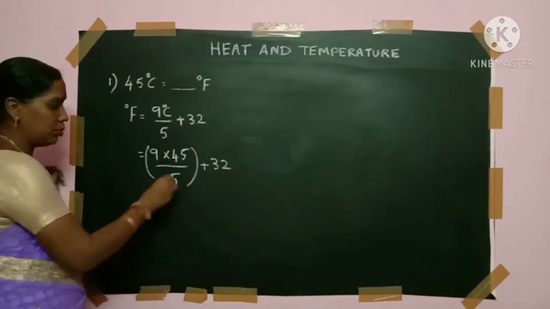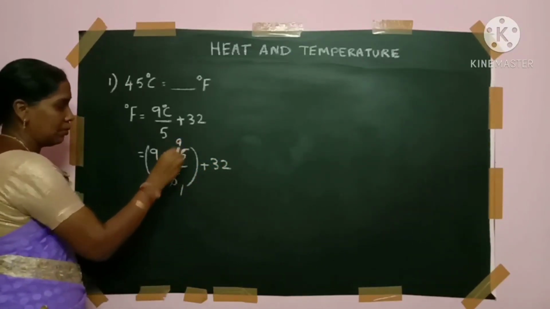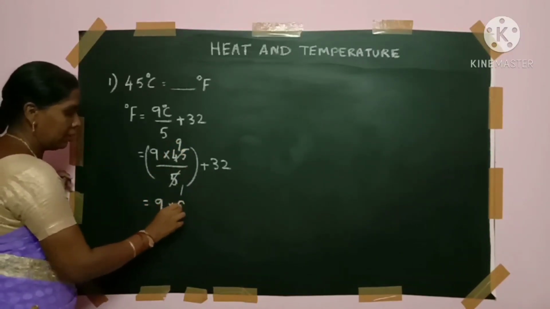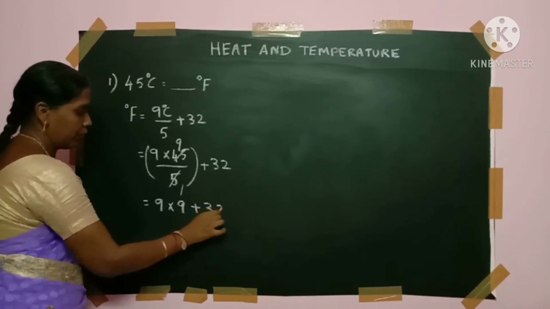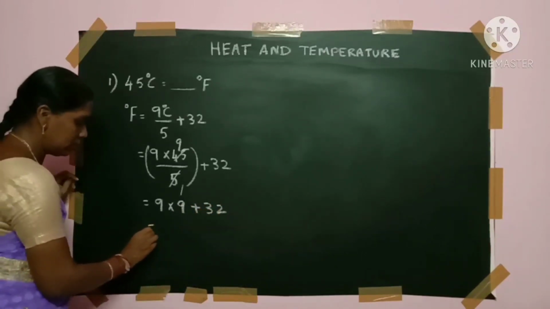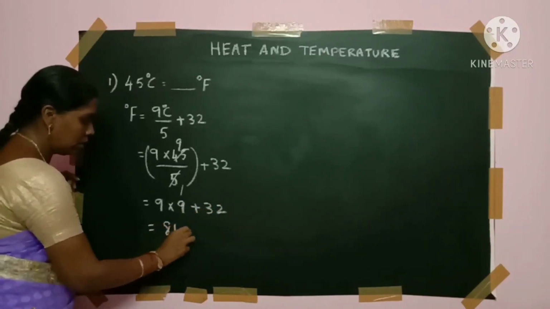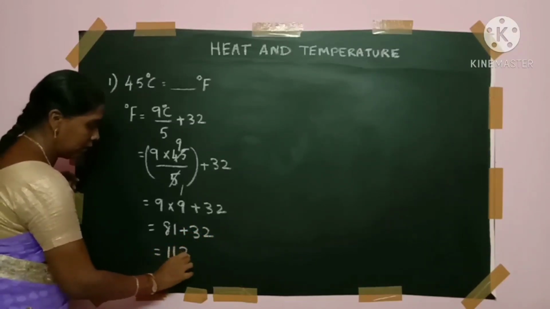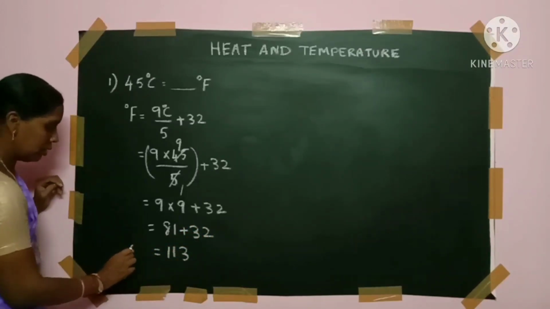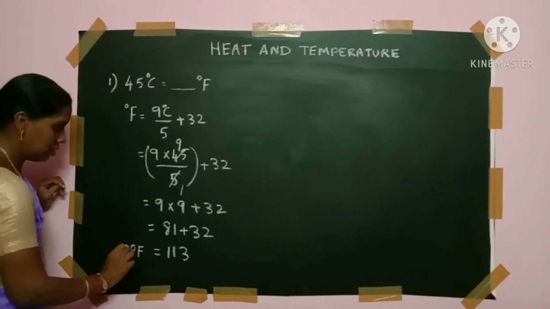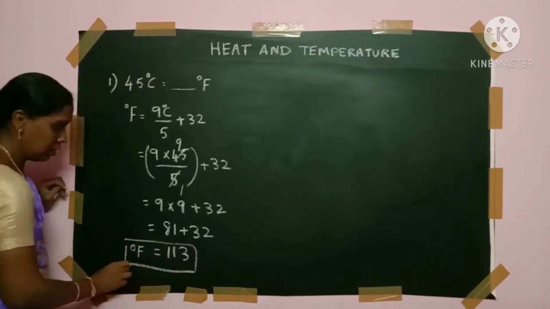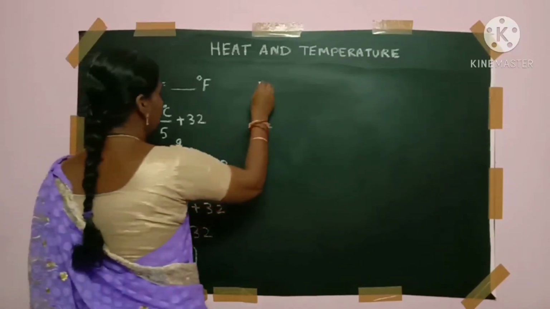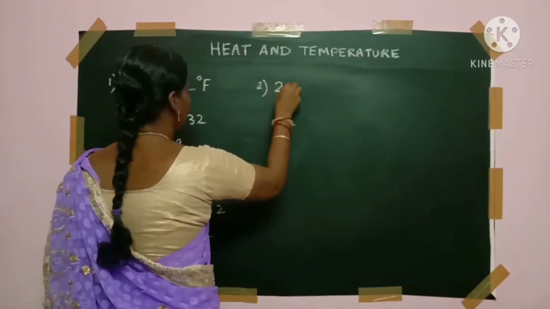So 5 table, 1 times, 9 times, so 9 into 9 plus 32. So what's the value? 9 into 9, 81, plus 32. So you get 113. So degree Fahrenheit is equal to 113. Okay, first sum.